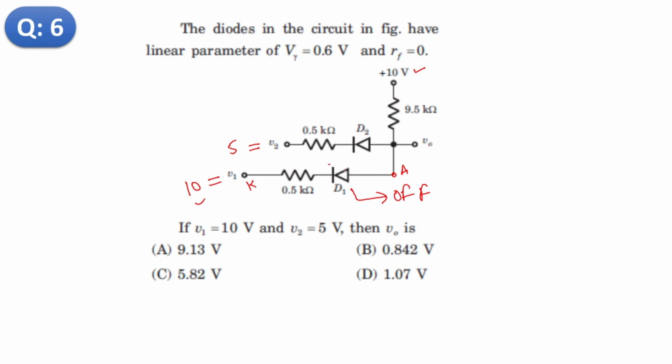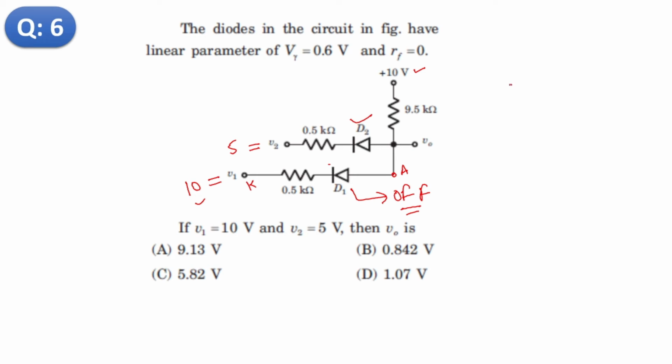We require 0.6 volt for conduction, so it is not possible to conduct. That's why D1 is off, but D2 will be on. Why? Because the cathode terminal is connected to lower potential as compared to the anode terminal.